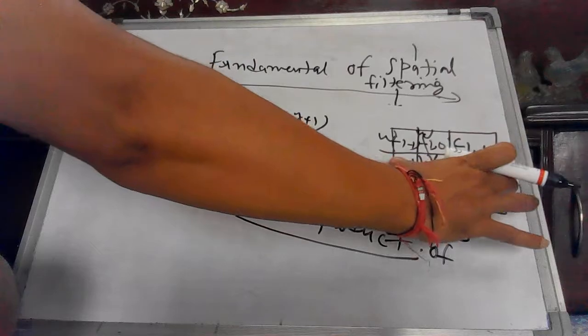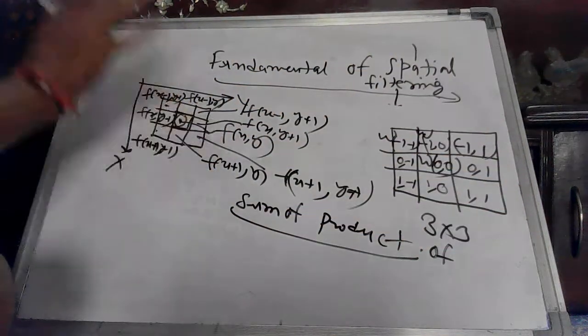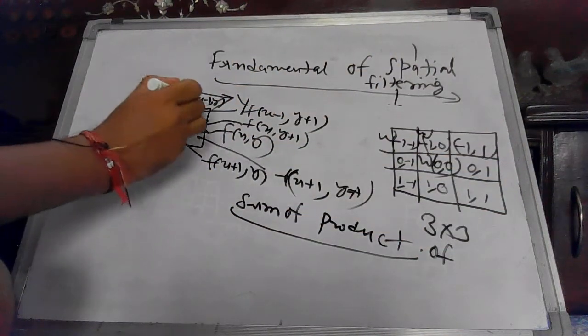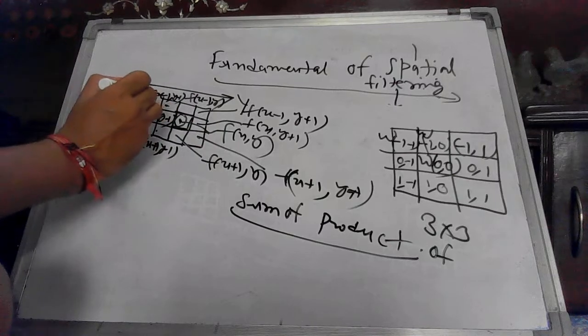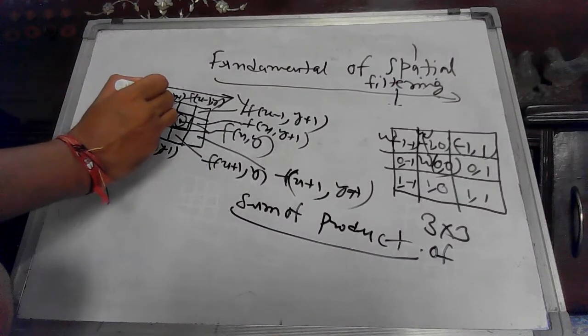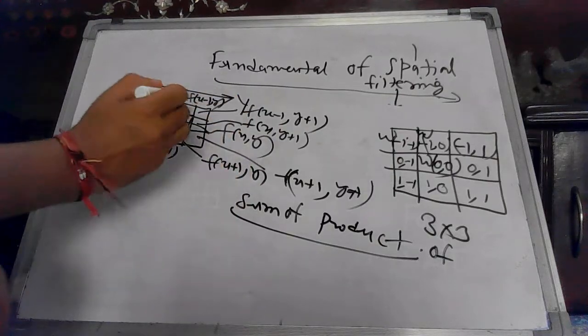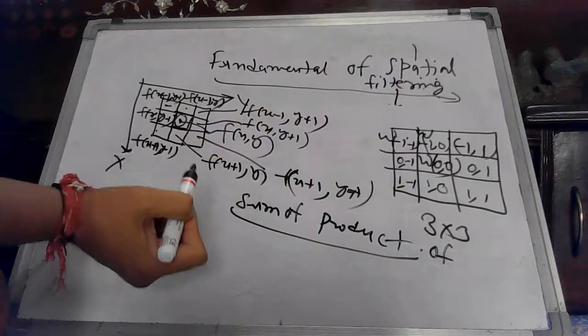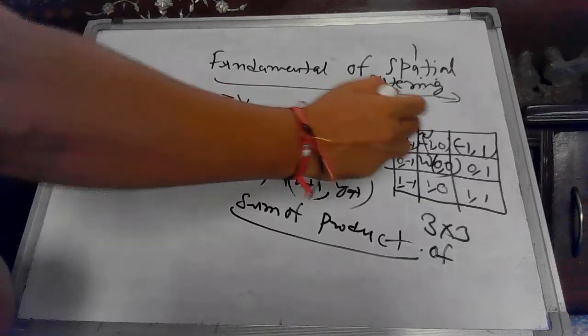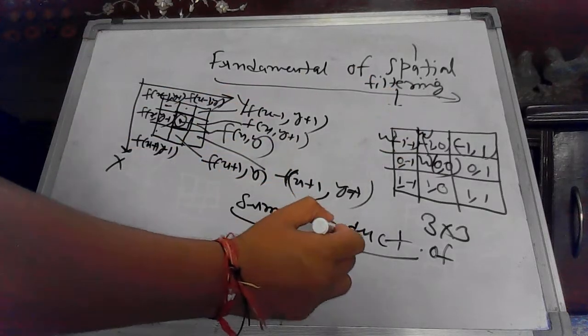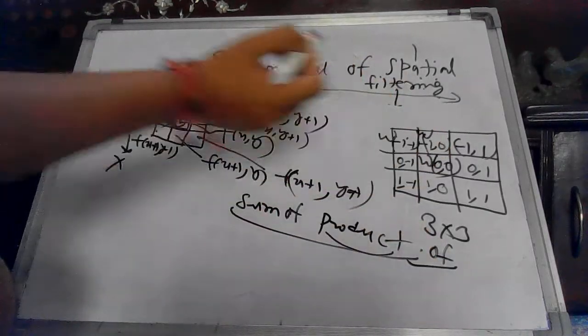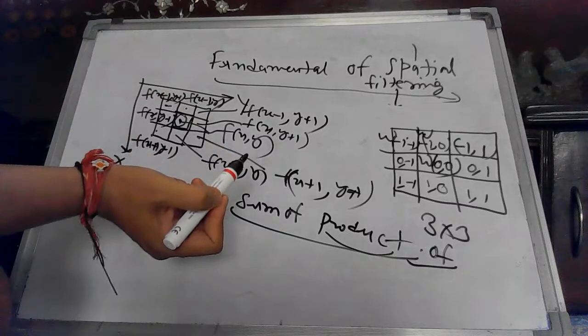So you will keep this W over this. Let's say I am processing this. So what will be the resultant here? F of x minus 1, comma y minus 1 position will be multiplied by this, plus this position will be multiplied by this, plus same way. And that is the meaning of the sum of the product of W cross f x y.